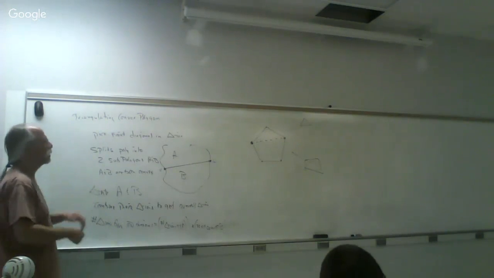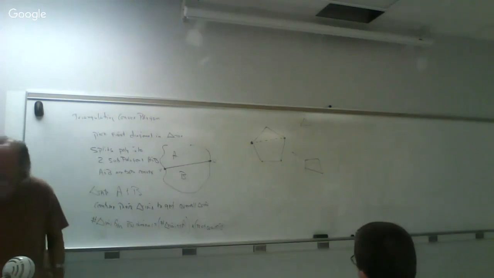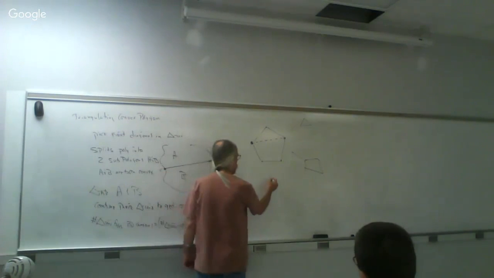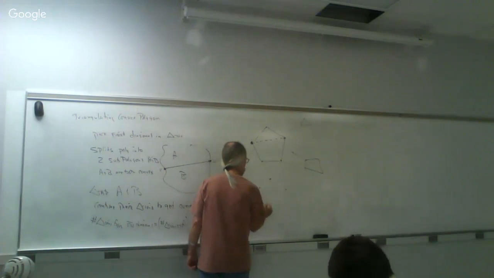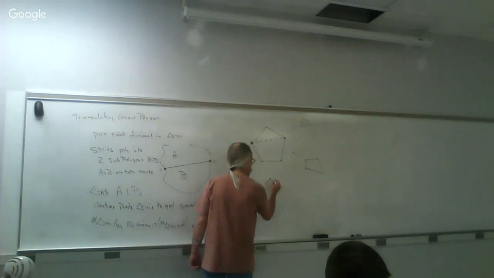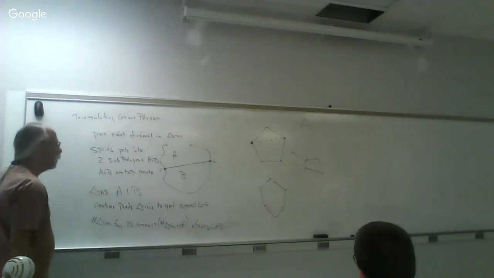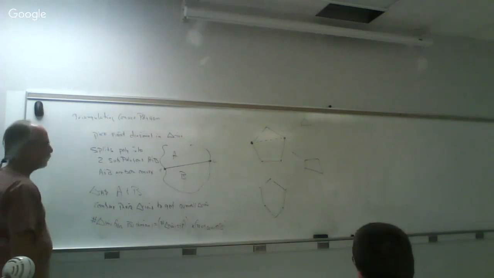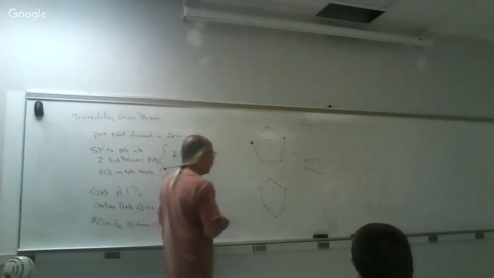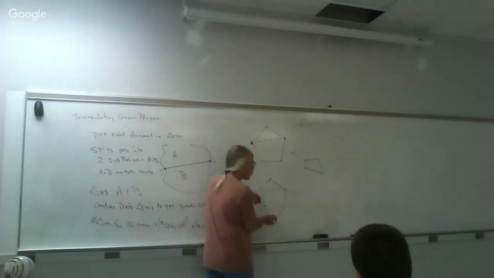Once we pick a diagonal, then, I guess I did a hexagon as the next example. And boy, that's a badly drawn hexagon. I have several choices here. One is I could pick this as my first choice for the diagonal.